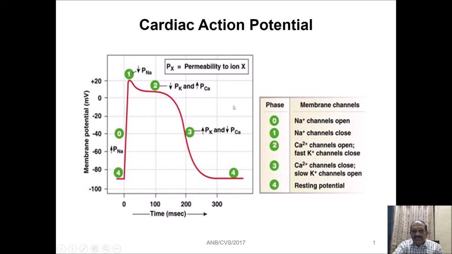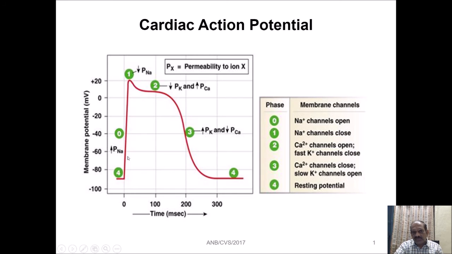In phase 3, the beginning of the phase of repolarization, the calcium channels close and there occurs the opening of slow potassium channels. When there is the outflux of potassium ions, or increased permeability to potassium ions, that is nothing but the beginning of repolarization, and a stage comes where it reaches the resting potential.